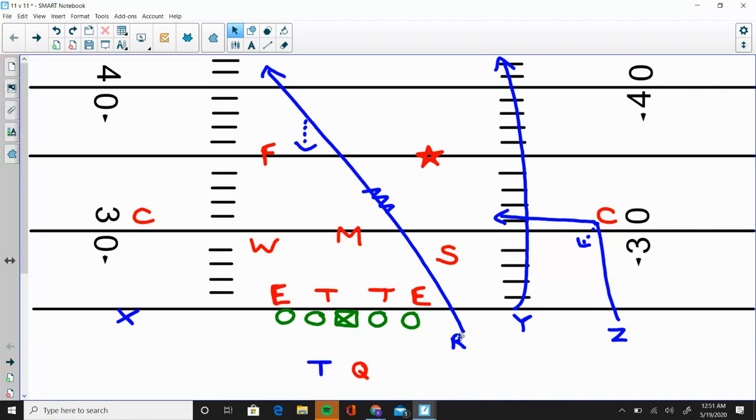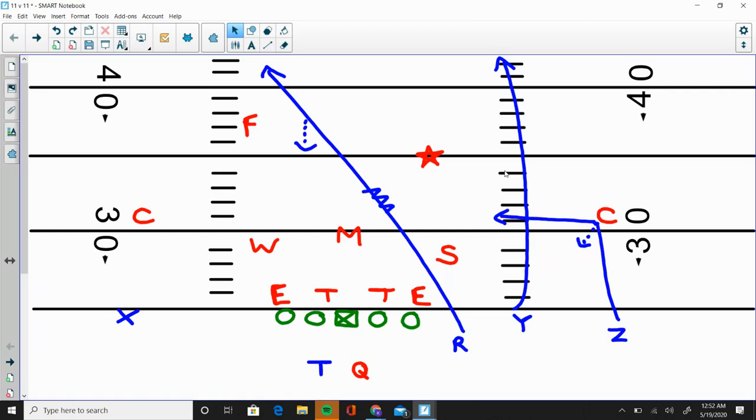So if the R receiver, running his crossing route, gets past the linebackers and feels like there's a lot of space developing, he might want to throttle down and occupy that space for the quarterback. Also, as the R begins his route with an explosive stem across the field, if this safety gets a deep drop and gets underneath it, the R also has the freedom to check down and sit in that zone, just like he would when we were running it out of 2-by-2.